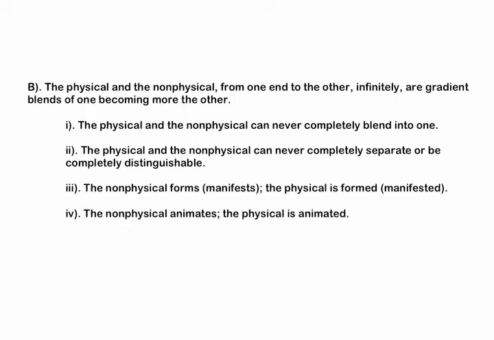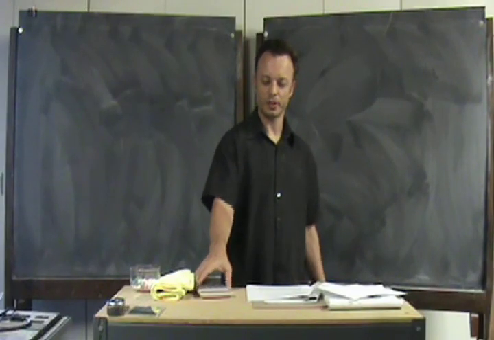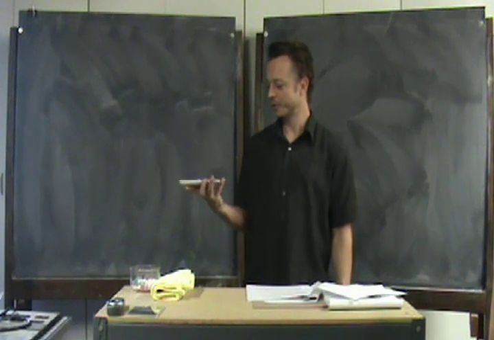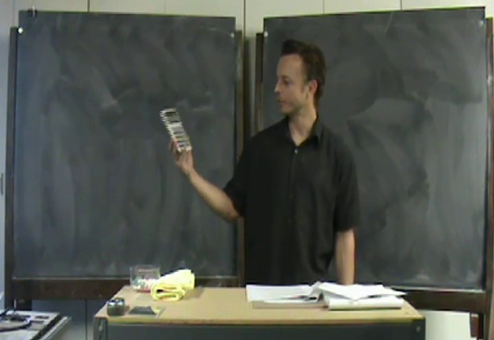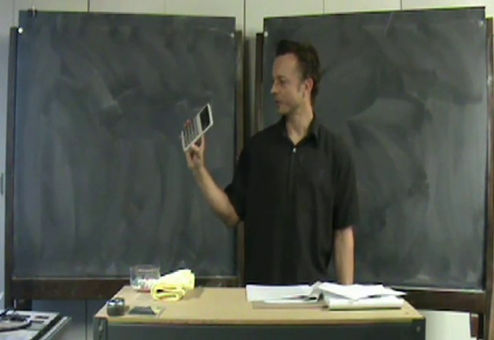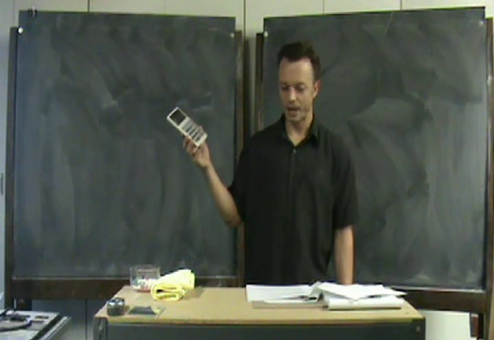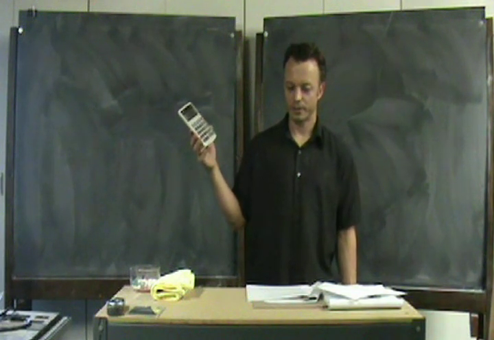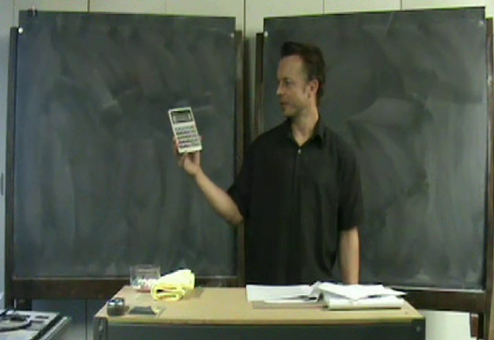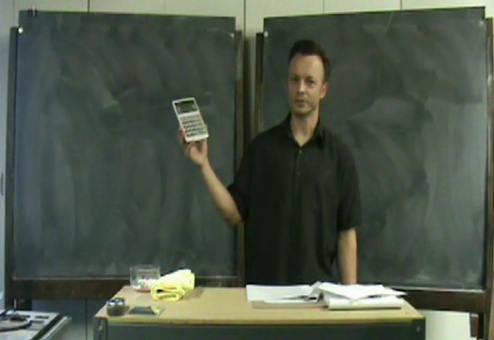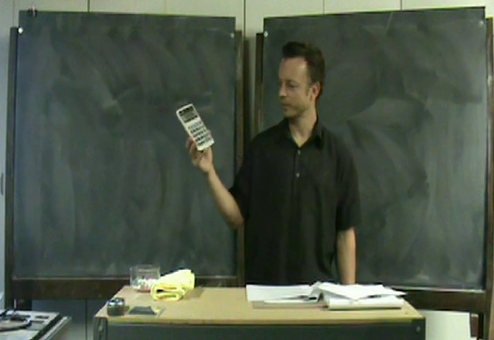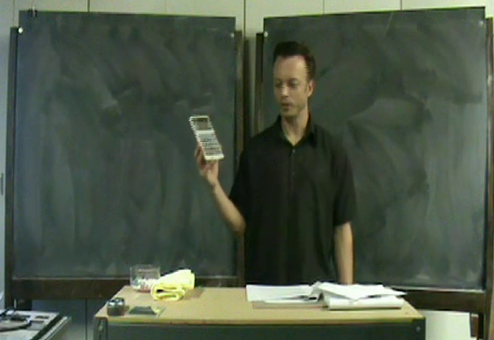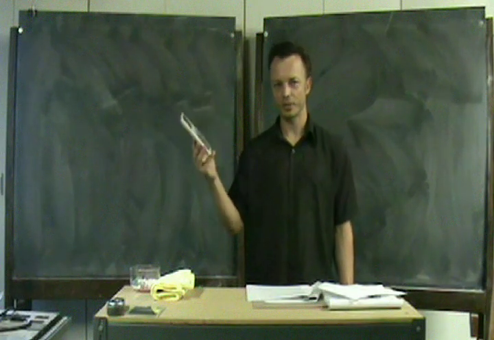So for instance, let's let quality be that this object has the quality of being a calculator, but that quality has dual aspects, a physical and a non-physical aspect. And those would be the dual qualities of this calculator.